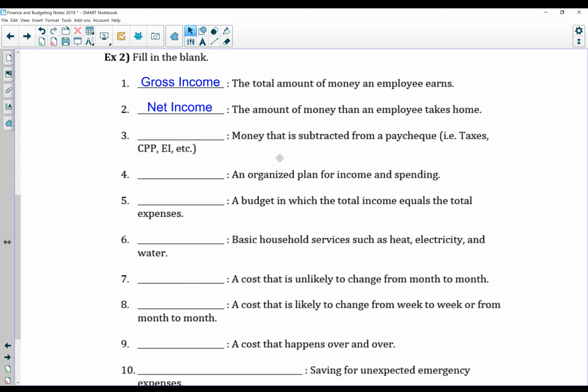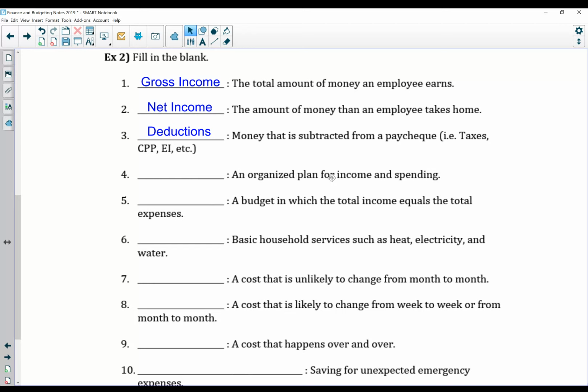If you pay into employment insurance and ever find yourself without a job, you can get some of that money back to help you get through that, which a lot of people at this very moment, with coronavirus, are tapping into right now, which is a good thing. It's good that it's available. Otherwise, you would just be left without any money. Anyways, those are called deductions. Deductions is money that is subtracted from a paycheck.